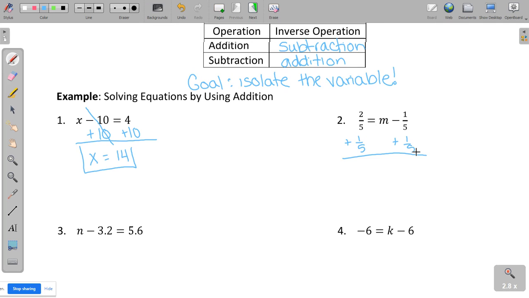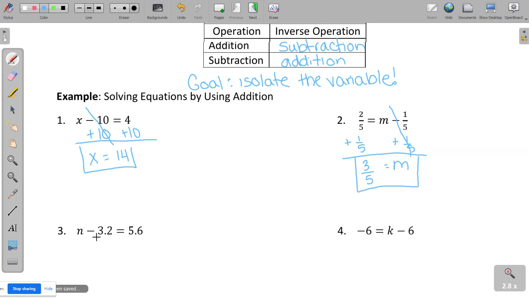We have to keep it balanced. So it cancels out. Bring down your m, equaling 2/5 plus 1/5. Add the numerators. 2 plus 1 is 3. Keep the denominator of 5. So we get m equal to 3/5.